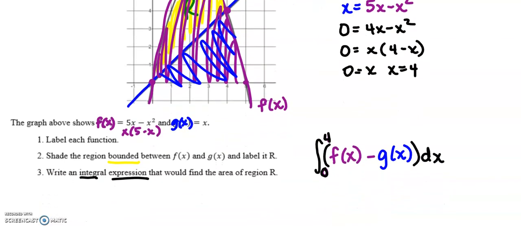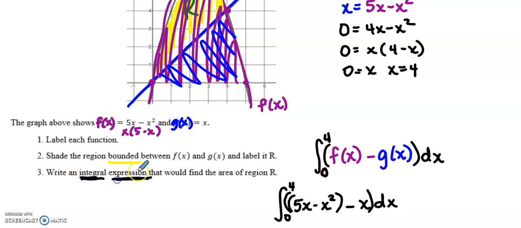More specifically then, from 0 until 4 of 5x minus x squared minus x dx, and I could find that antiderivative and find that actual area. Notice, though, this says just write the integral expression that would find the area. We don't actually need to find the numerical value.